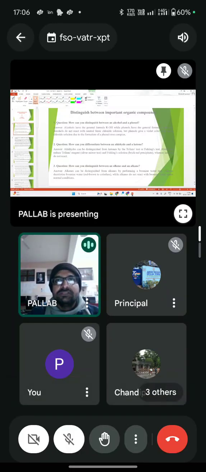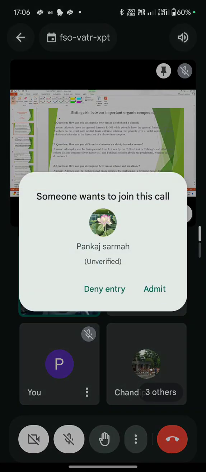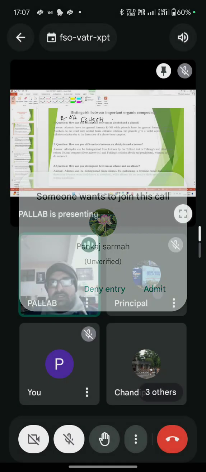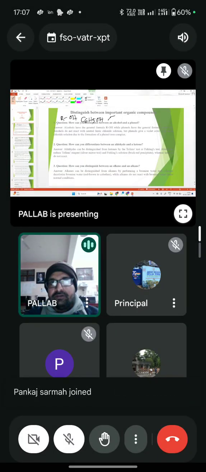How can you distinguish between an alcohol and a phenol? We all know that alcohol has the general formula ROH, and phenol has the formula C6H5OH, or we know this symbol of phenol.